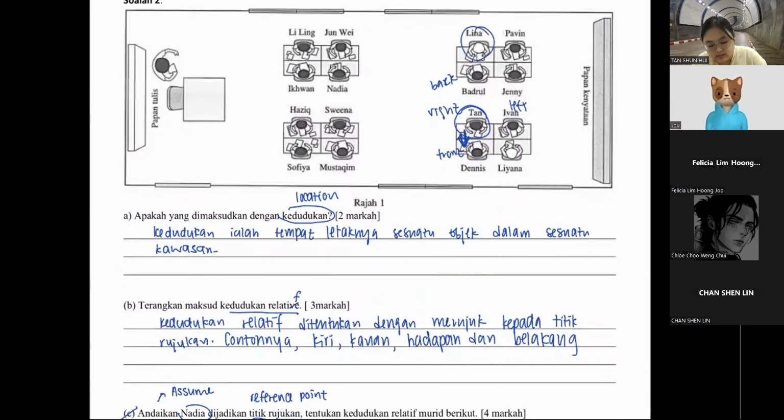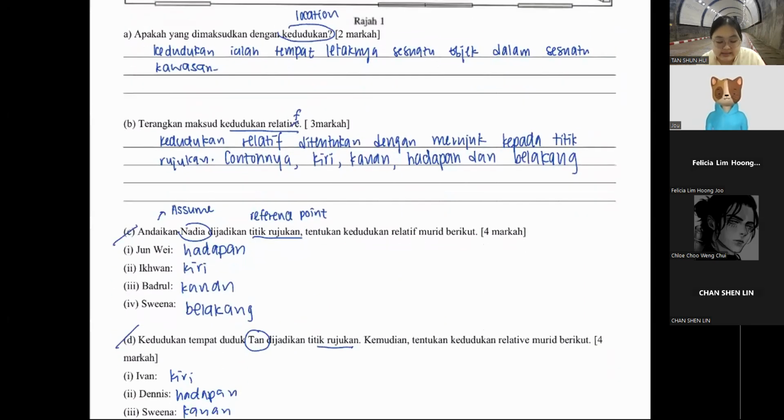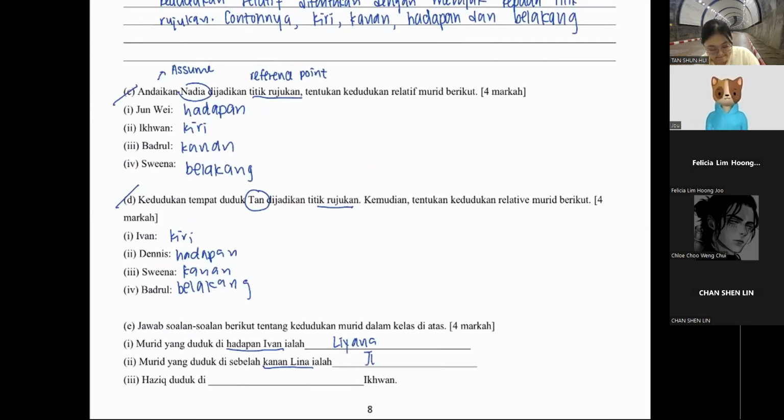Lina is here. You see, Lina is here. Where is the kanan? No, it's not Pavin. There. You see, kanan is the right-hand side. It's not your right-hand side, it's Lina's right-hand side. Lina's right-hand side should be Junwei. You need to think like this.